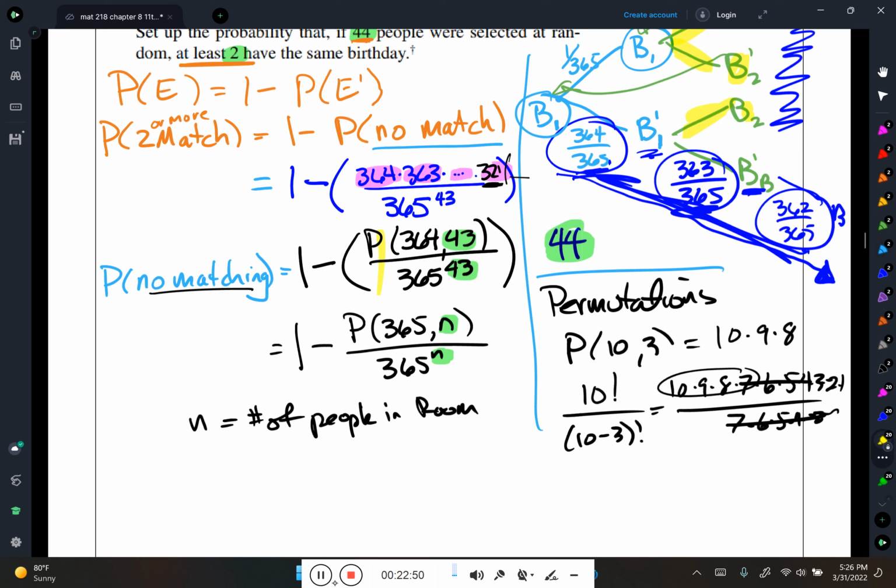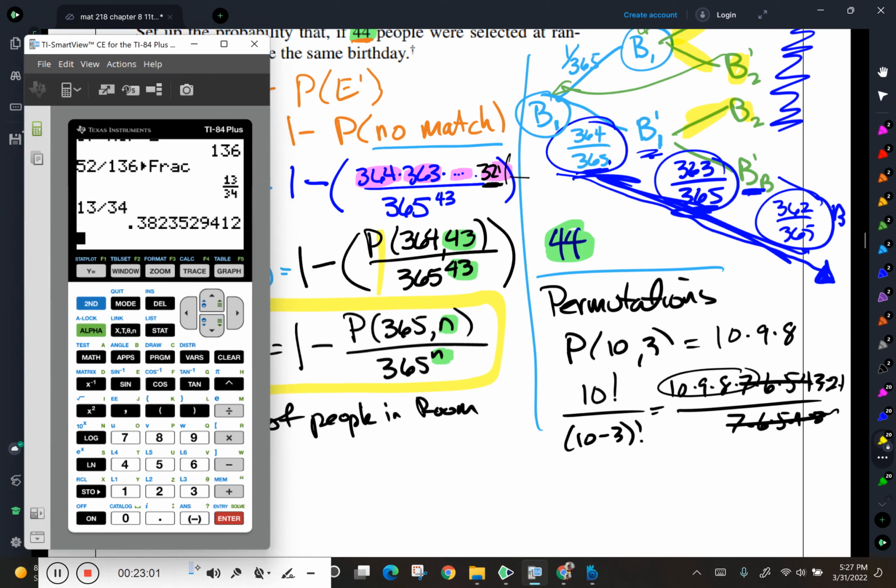Right? Now this calculation right here is going to give us the probability that we have no matching birthday. So I'm going to go ahead and grab my calculator and see if I can figure this out. Let's see. I want to do 1 minus a fraction where my numerator is 365, permutation 44, and my denominator is 365 raised to the 44th.